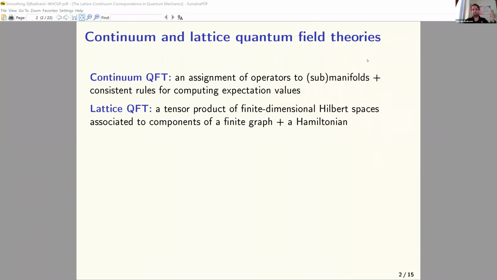So you can associate these Hilbert spaces to points, to links, to faces, etc. So to different elements of this graph, and then the total Hilbert space of the entire lattice field theory will then be just a direct product, possibly graded, of these individual Hilbert spaces.